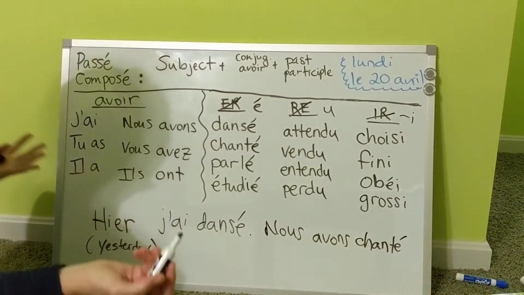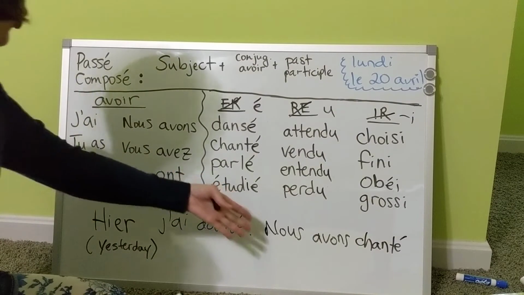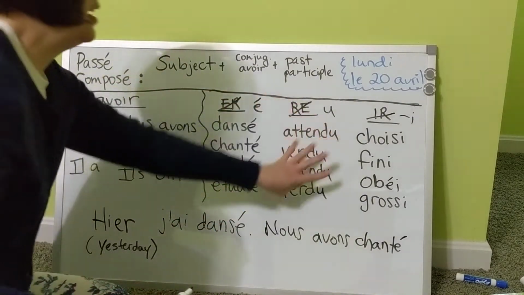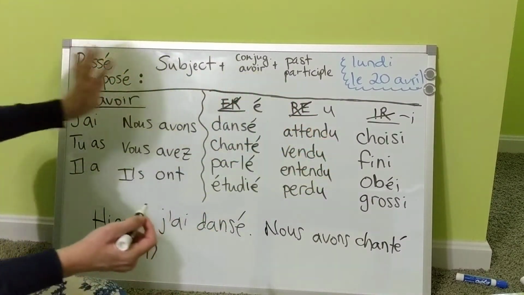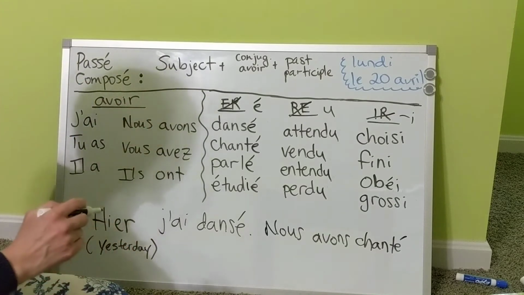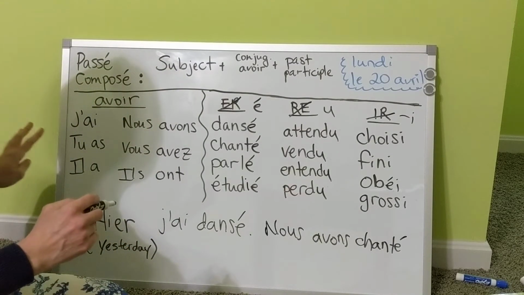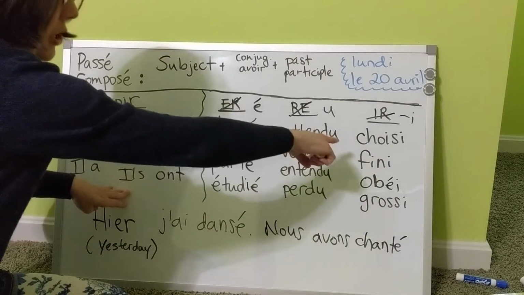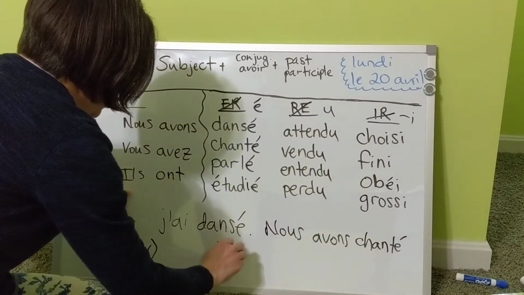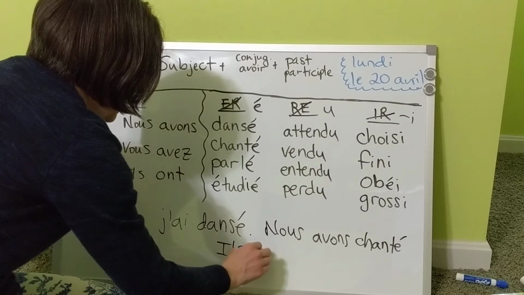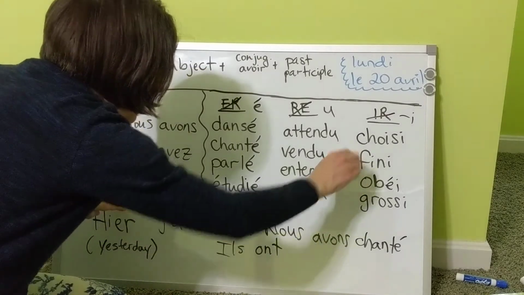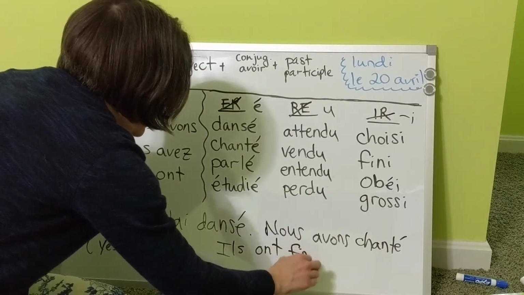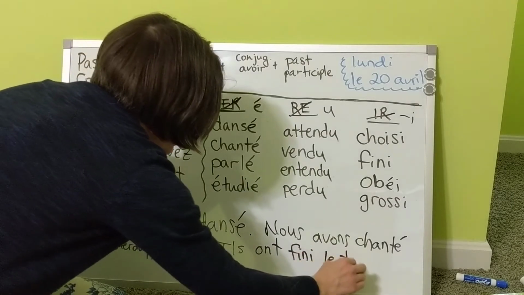And it's the same spelling whether you're dealing with je or nous or vous. These stay the same, and the only thing that changes is the conjugation of avoir. If I want to say that they finished their work, we'd start with ils ont, and we said finished, fini, le travail.